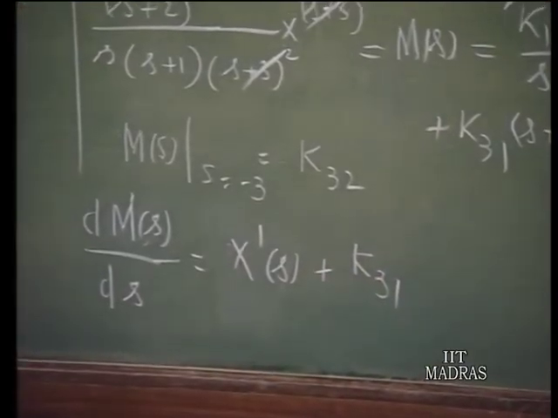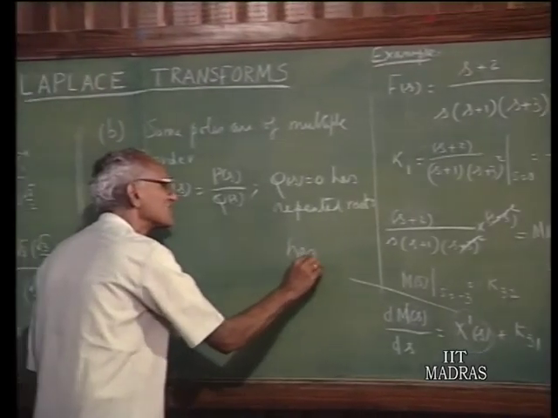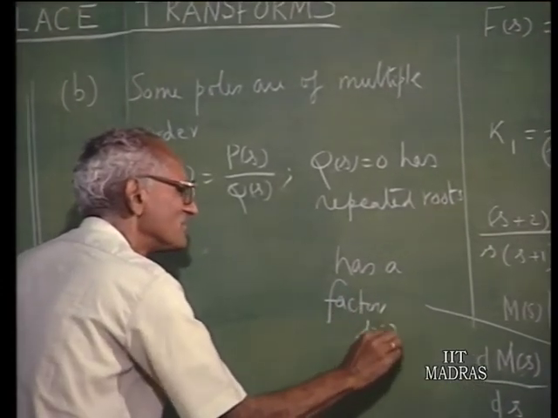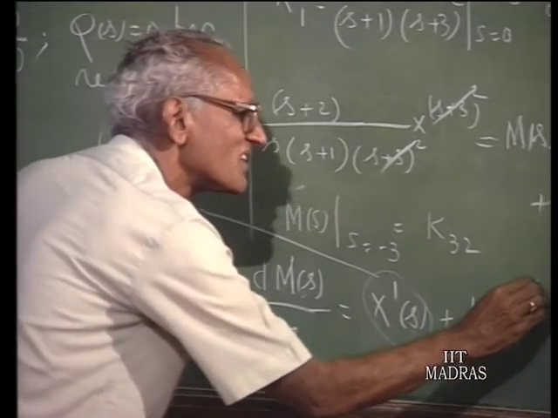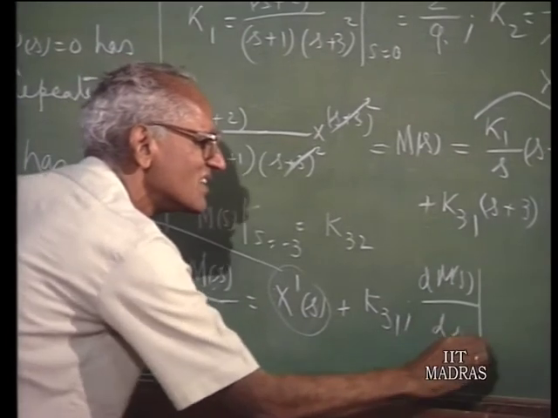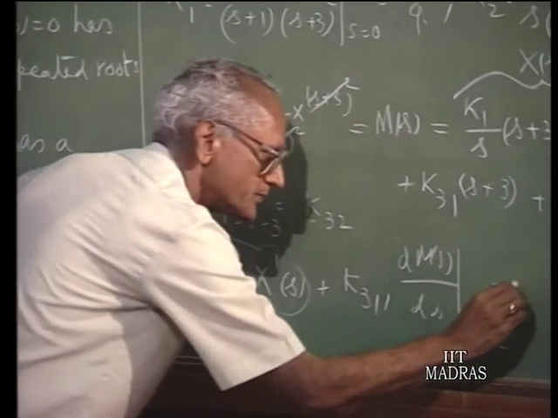And now x prime of s has a factor s plus 3. Therefore, when you substitute dm of s over ds at s equals minus 3, it will give me k31.